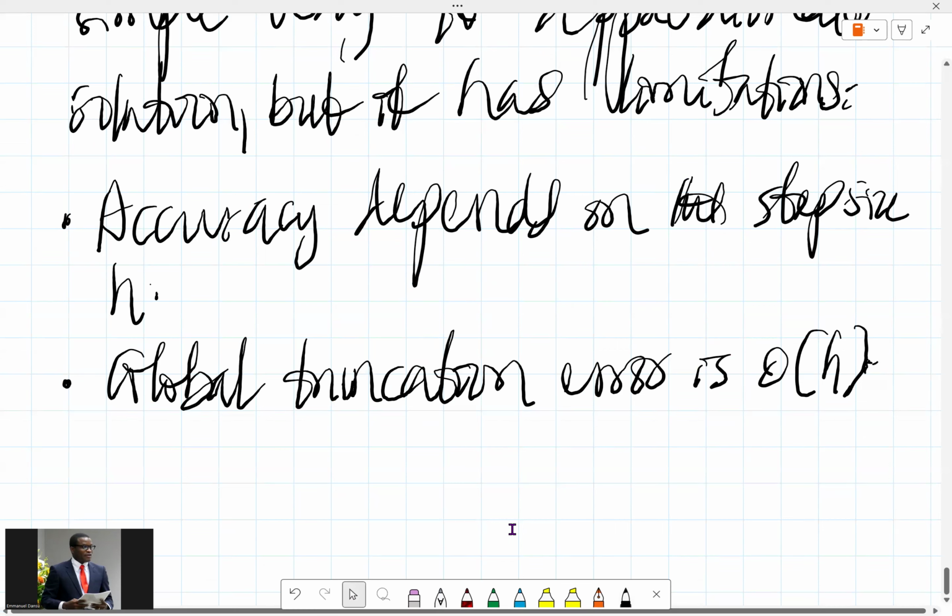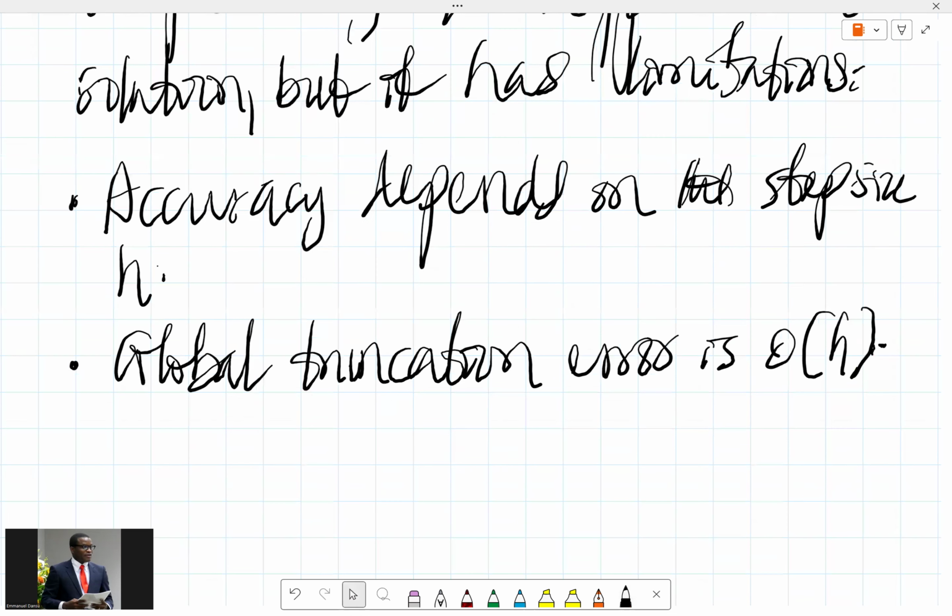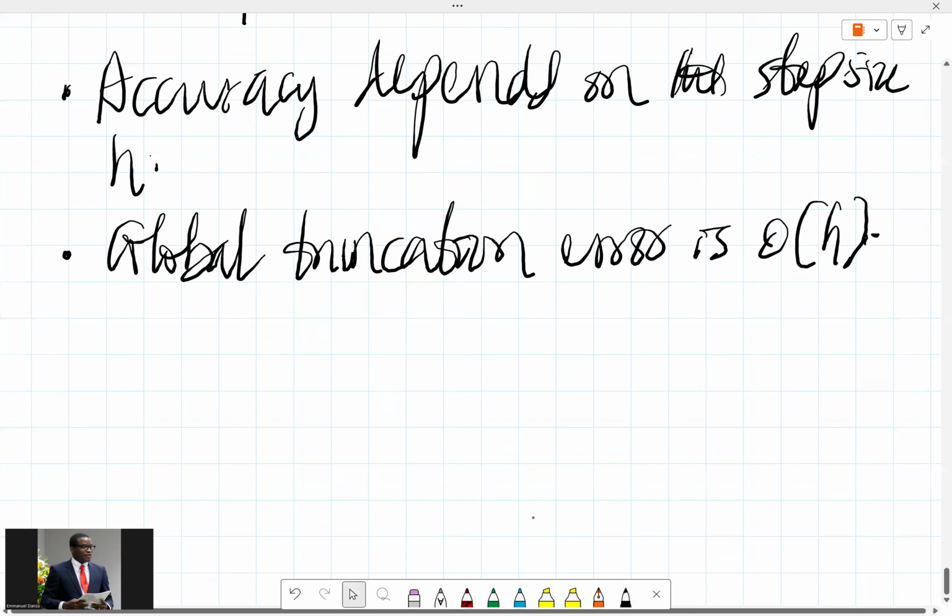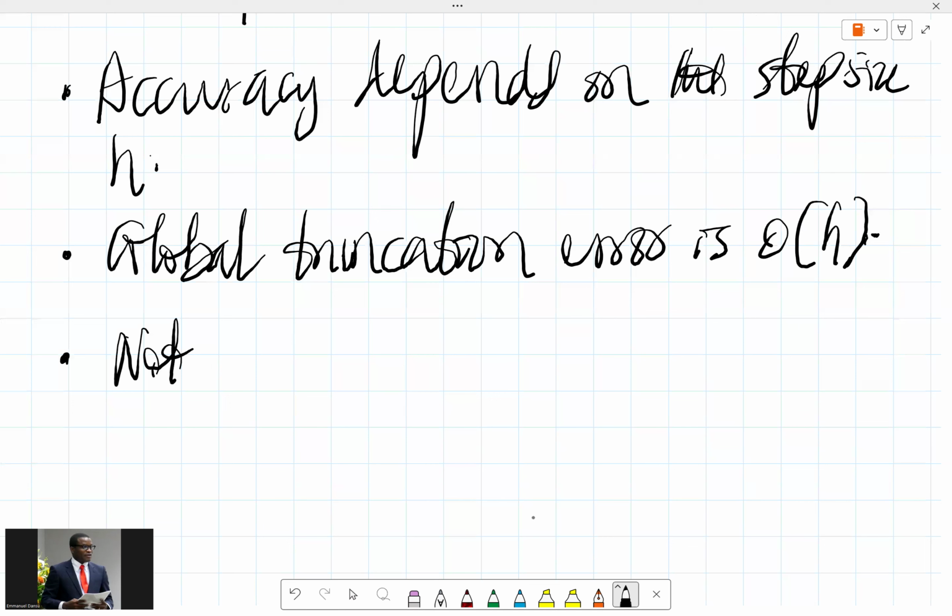And that is why, if you remember the Python code, the more I increase the terminal value, where we should stop, the more the Euler approximation departs from the exact solution. So errors accumulate with each step. Then the next thing is that it is not suitable.